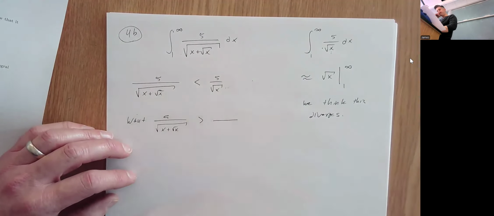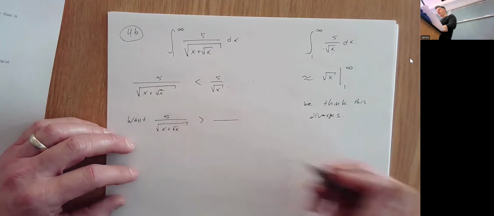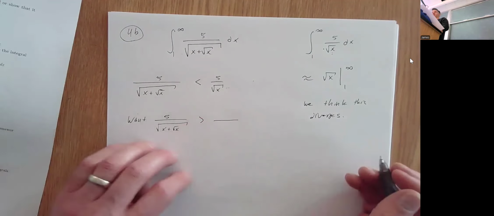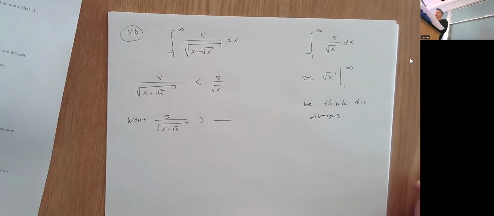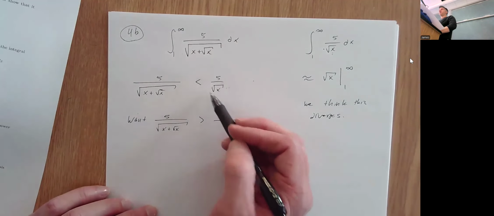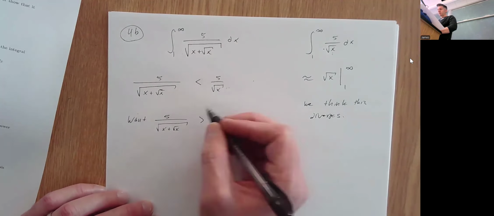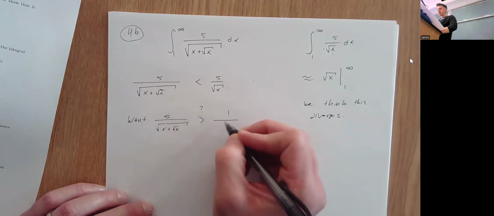Well, ugh. So this is coming back to your question, Giancarlo. Sometimes you might have to actually kind of show that it is either bigger than or less than. So an easy way I could make this thing smaller is to lose the 5. So is this bigger than 1 over root x?